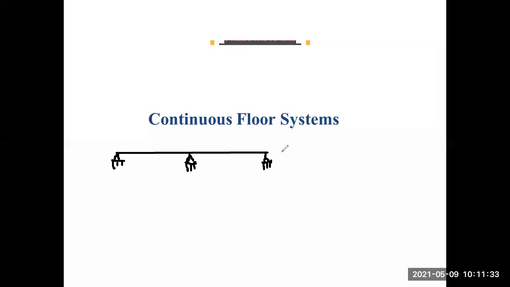Or we could have a beam that is made up of more than two spans, which means three, four, and above. So if I draw such a system, for example, supported by one, two, three, so now we have two spans.